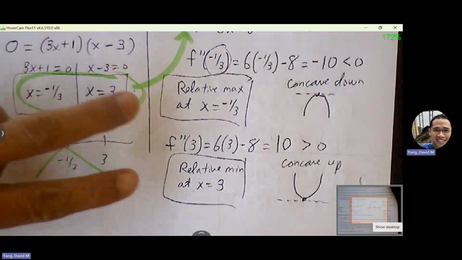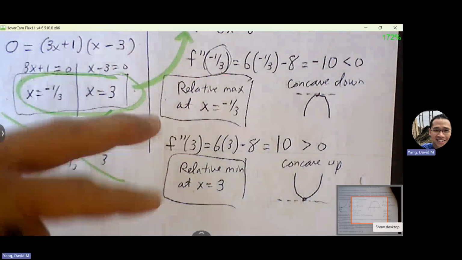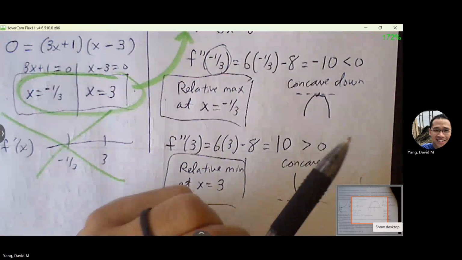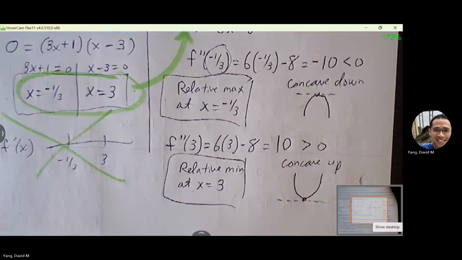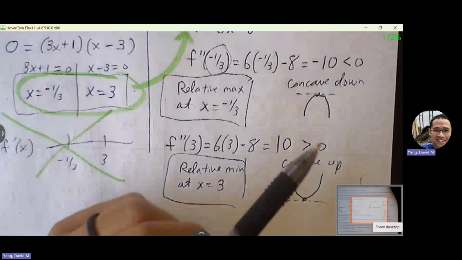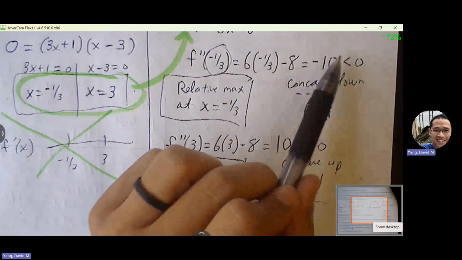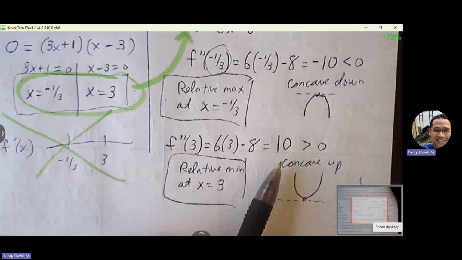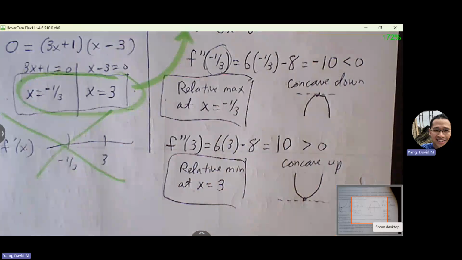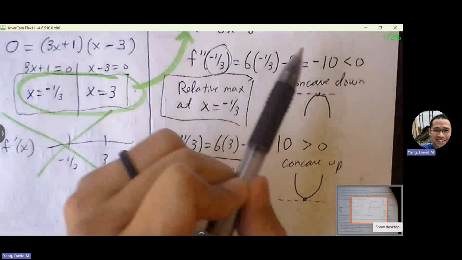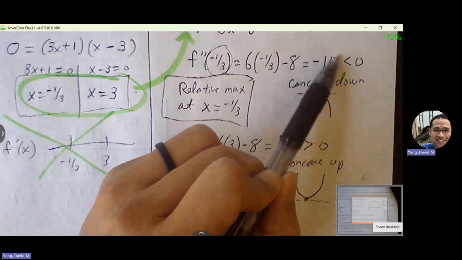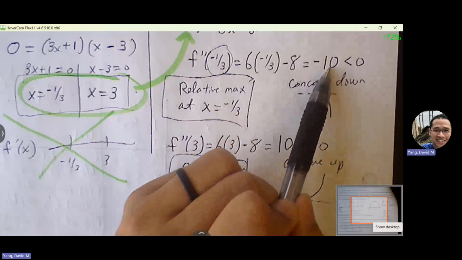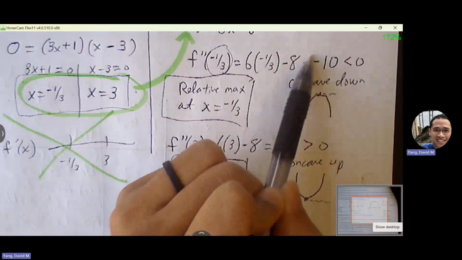Because the most common mistake is that students want to flip these two around. What's causing us to maybe think that this should be a relative min and this is a relative max? Right, we associate negative with small and positive with high, and so we think of these as physical points on the graph. But again, this is a curvature value. This is an abstract value.